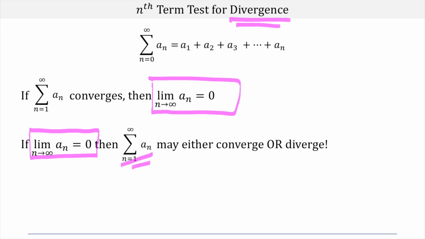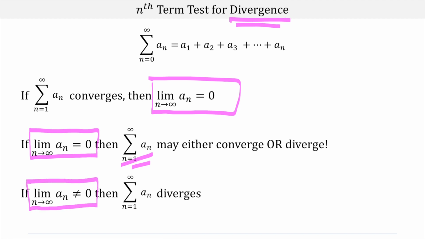It could converge or diverge. But what we do know is if the terms are not heading to 0, then the series is going to diverge. It's just going to grow and grow and grow. That's why this is called the nth term test for divergence.